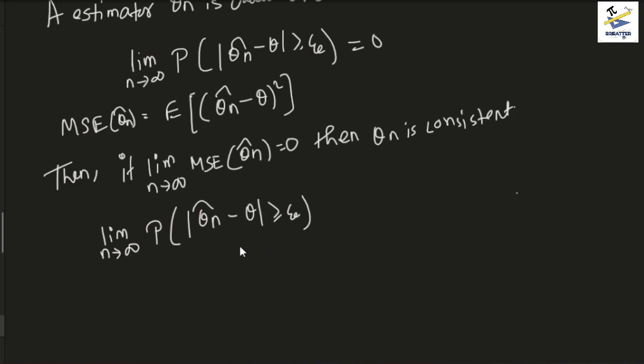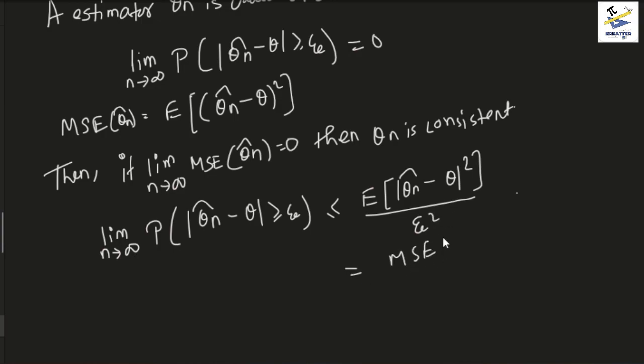So what we can do is as follows. This is by Chebyshev's inequality, but the above thing is just MSE of theta n, right? And this would be 0 because we know that the limit of MSE of theta n is also 0. And if that happens, theta n is again a consistent estimator.